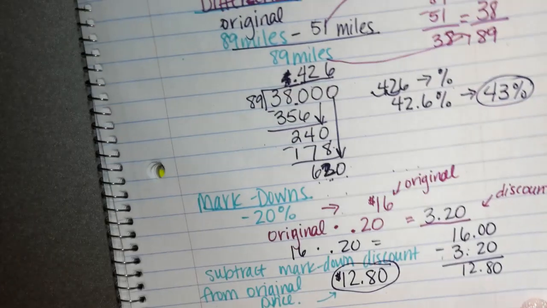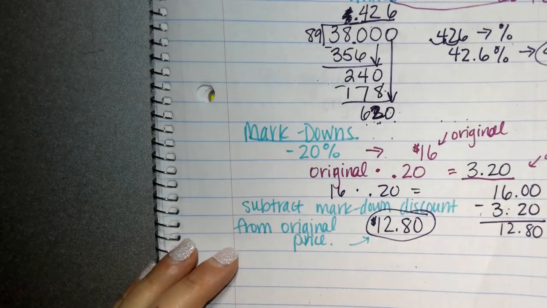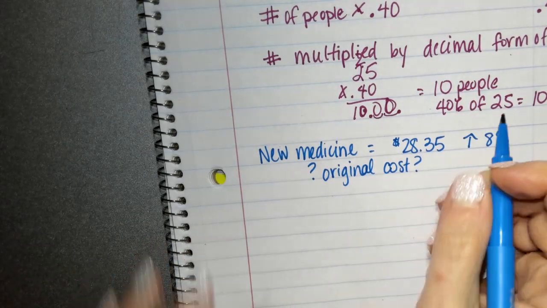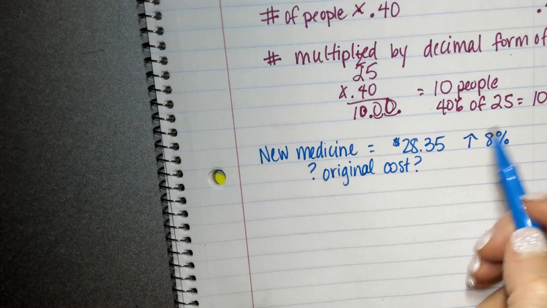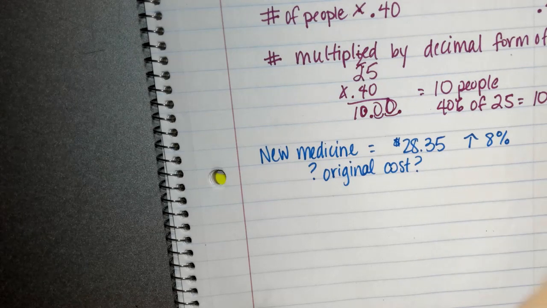We did this, we mark it down 8%. So we could go back to our markdown notes from last night. If I can get my pages. Markdown notes. Okay, so you have your original and you multiply it by the percent. The original amount here is the $28.35.